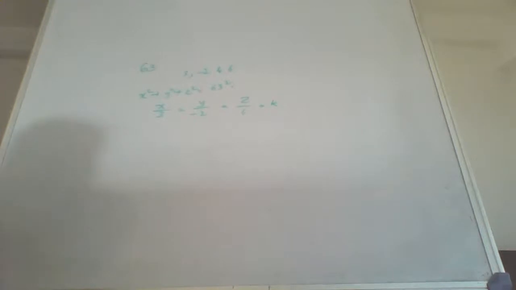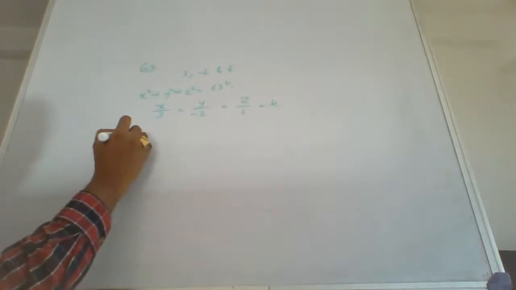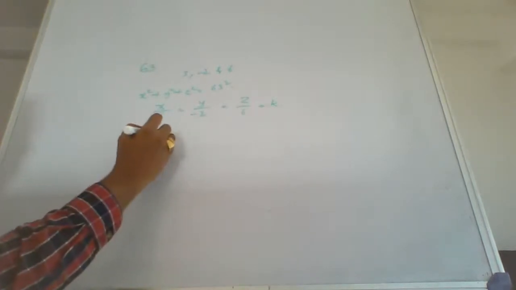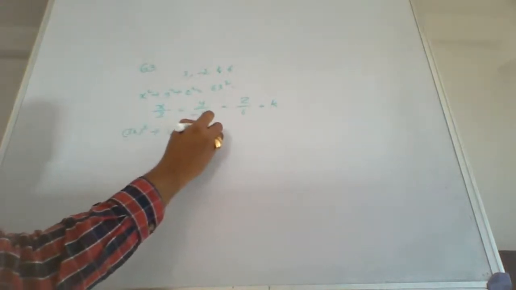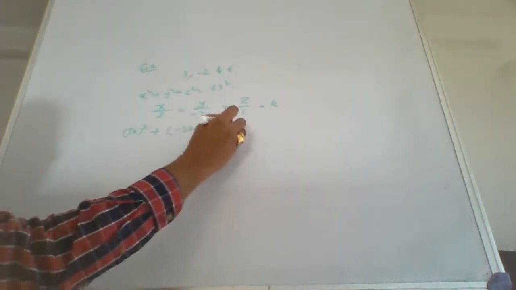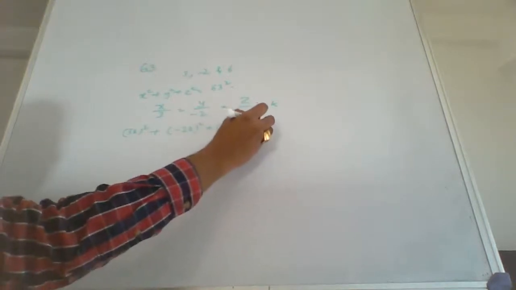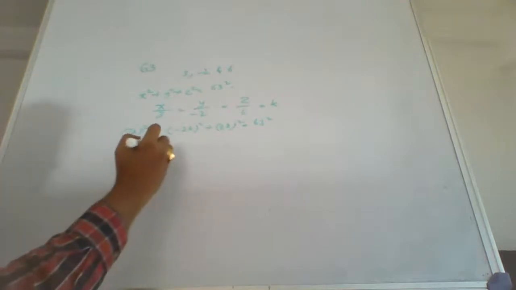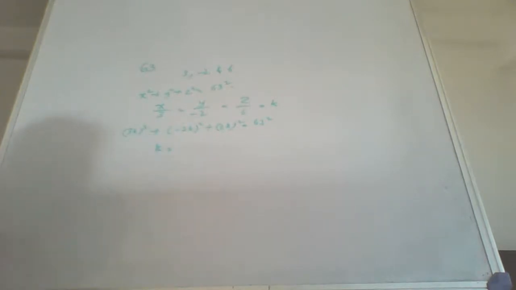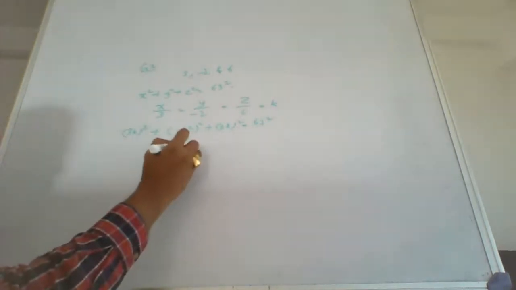Substituting the values, I get 3k whole square plus minus 2k whole square plus 6k whole square, which is 63 square. So you get the k value, which is plus or minus 9.